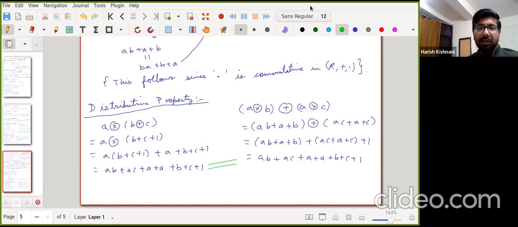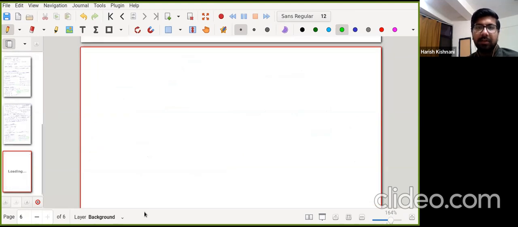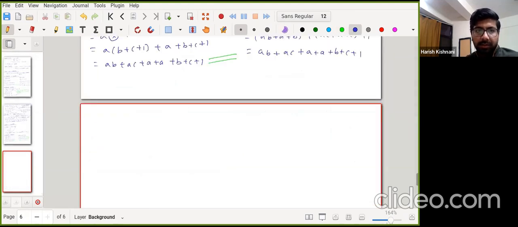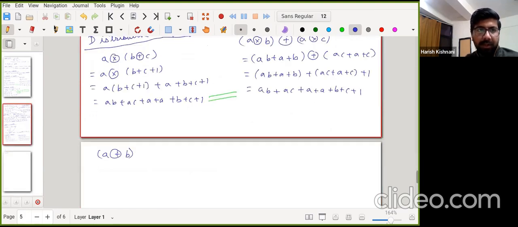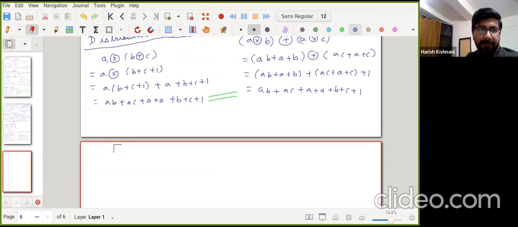You can also check the other thing, you have A plus B times C, and here you can take... With this part you can leave for the moment.